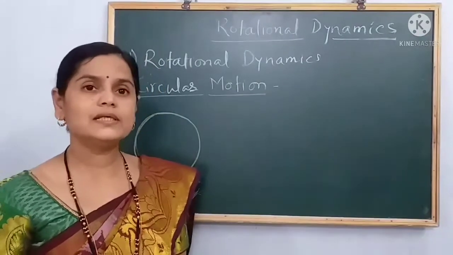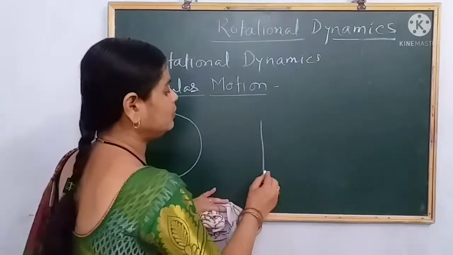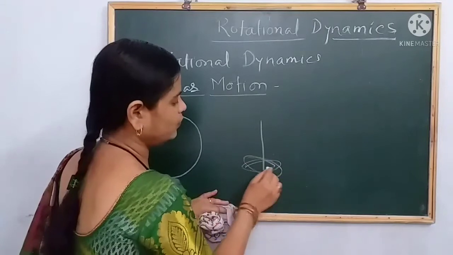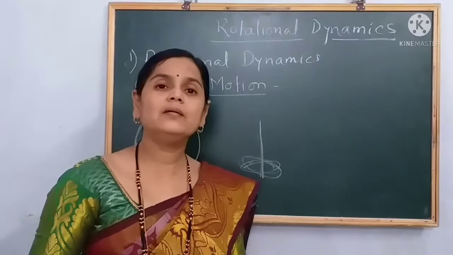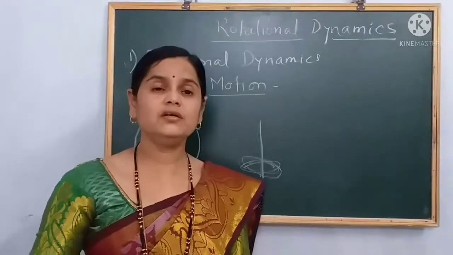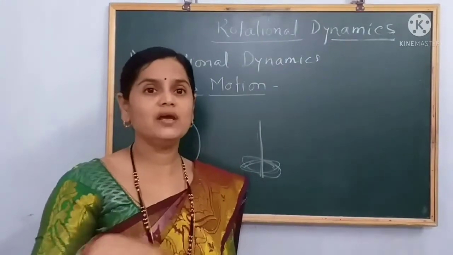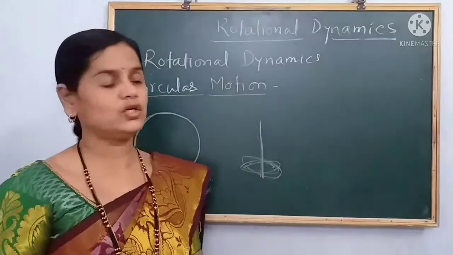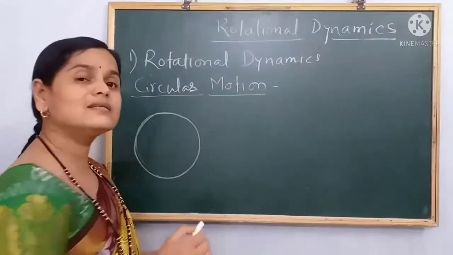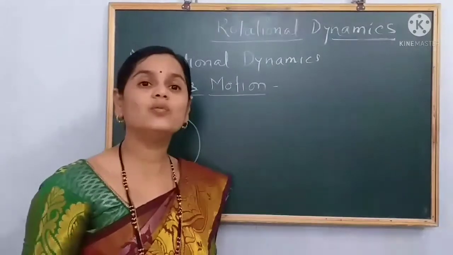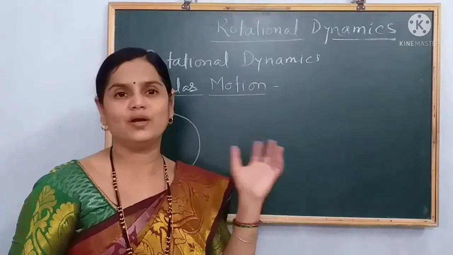For example, the blades of a fan rotate about a fixed axis. Or the example of a merry-go-round: the chairs revolve around a pole inside. This is a type of rotational motion. In such a case, the circular motion performed by the body is along a fixed axis, and we use the word rotation here.